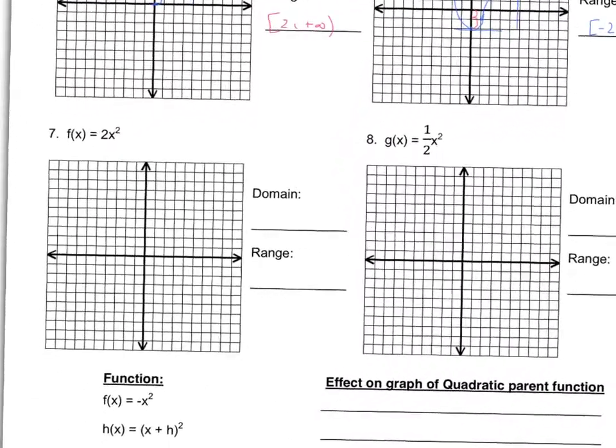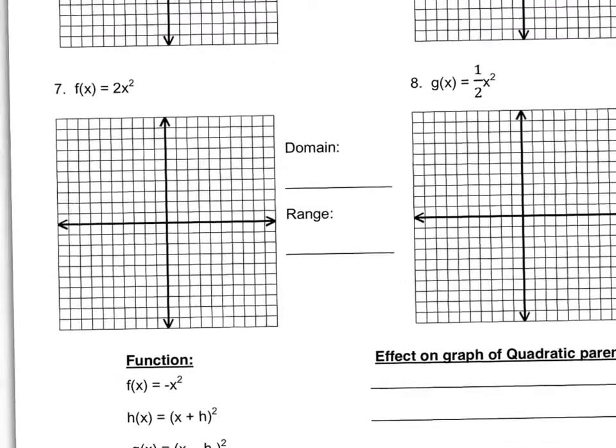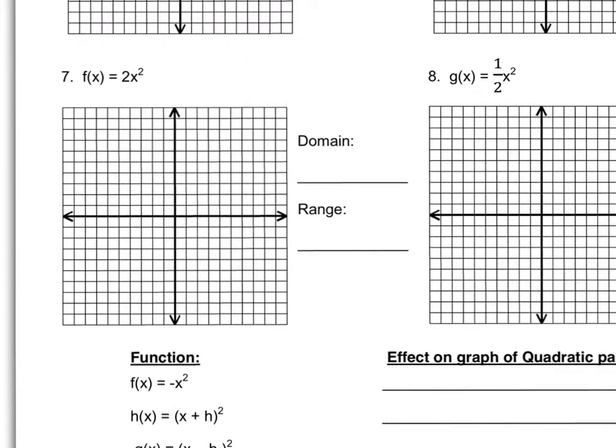Number 7 and 8. Let's look at number 7. Now it's 2x squared, which means 2 times x squared. So what does it mean? There's no parentheses, so the change is not done to the x, the change is done to the y, and as always, you always start with the table of the parent function.